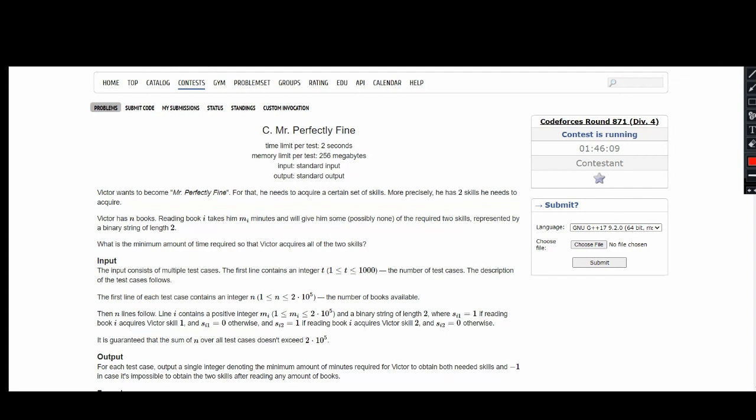So here the string s is represented in the form of binary strings, let's say 0 1, 1 0, 1 1 and so on. What 0 and 1 represent is: si1 equals 1 if book i gives Victor skill 1, otherwise 0, and si2 equals 1 if reading the book gives skill 2, otherwise 0.